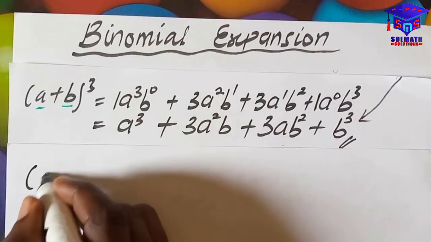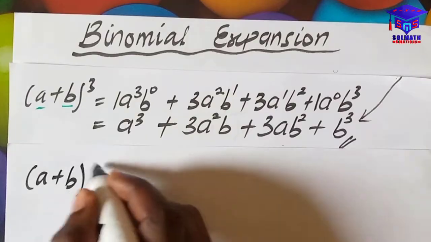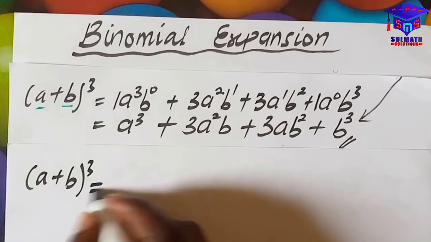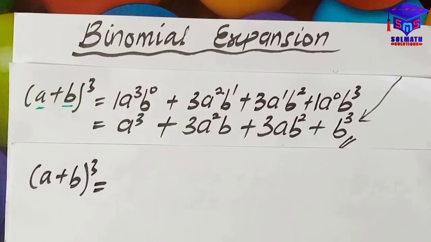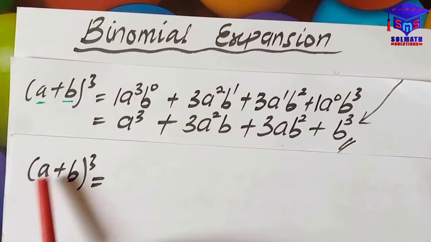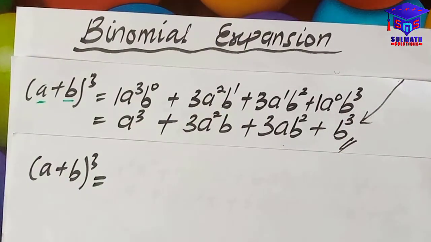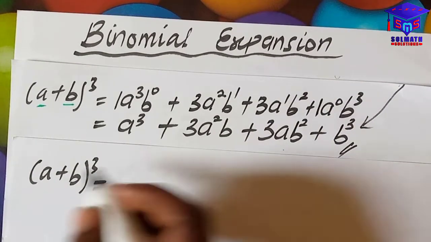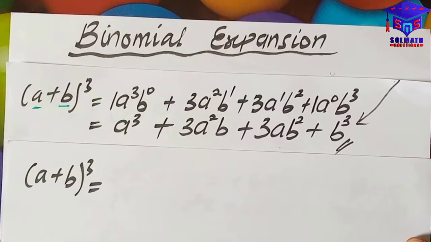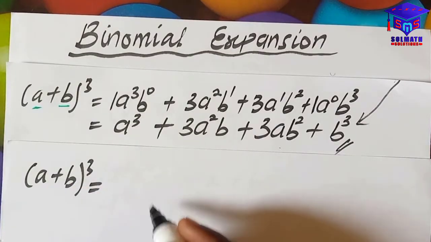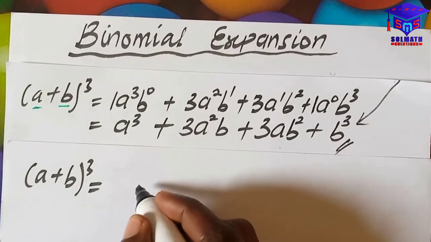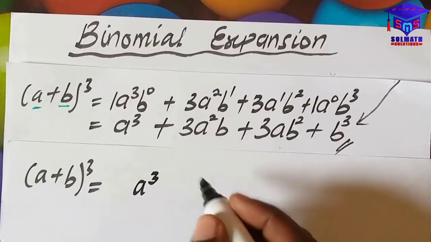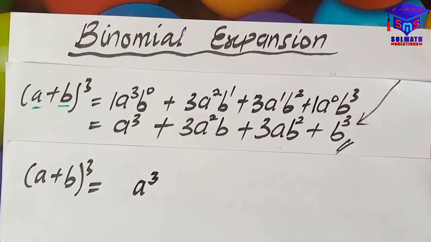So if we have (a + b) to the power 3, this will be equal to, now all the things about the powers and the terms in the binomial are the same. So let me leave a space for the coefficient. As we said in the previous video, the power of a will reduce from 3 to 0. So we have a to the power 3, and b increases from 0 to 3.